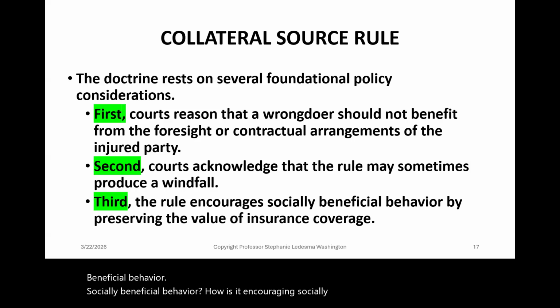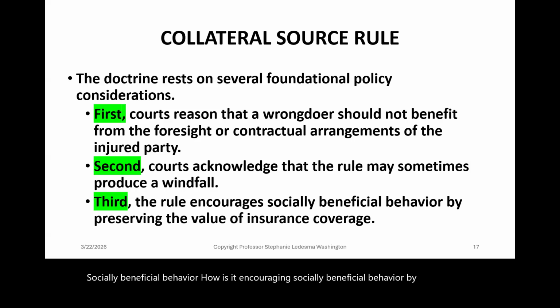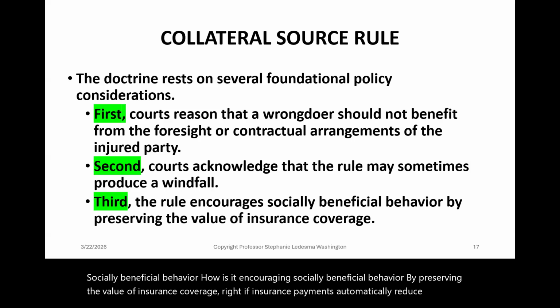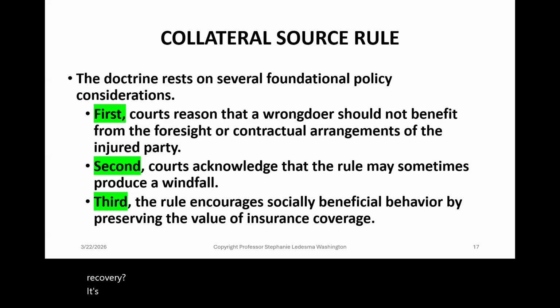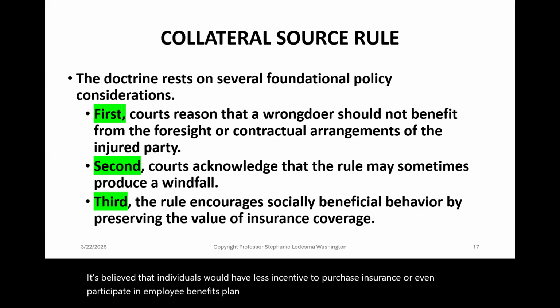By preserving the value of insurance coverage, right? If insurance payments automatically reduce tort recovery, it's believed that individuals would have less incentive to purchase insurance or even participate in employee benefits plans. So the collateral source rule helps maintain this socially beneficial behavior.